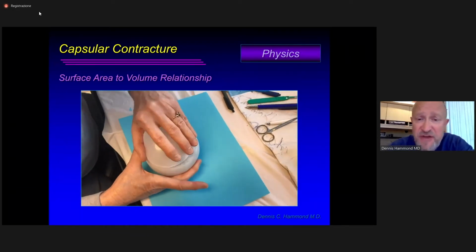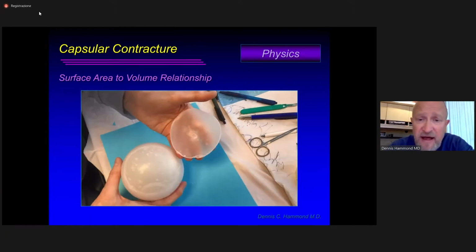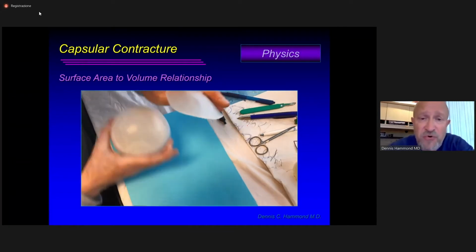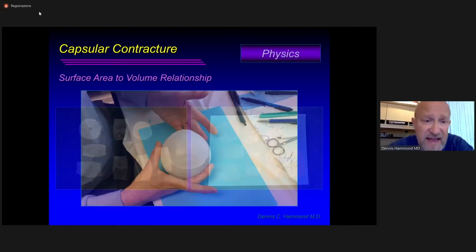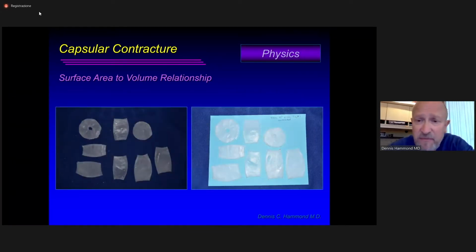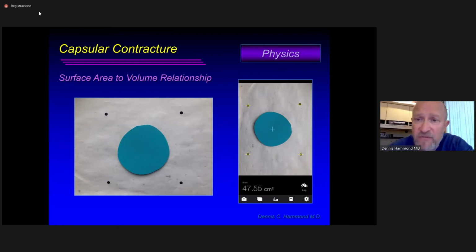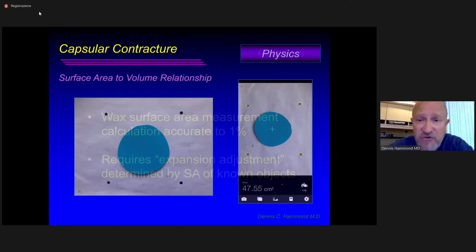Then by tracing the wax on the piece of paper, you can use a program to diagram out the segments of the wax. And then we used this app. We found an app that is actually used to measure the surface area of leaves. It automatically generates the surface area of each piece, which was really very useful.